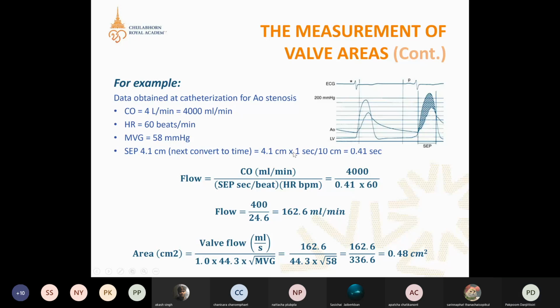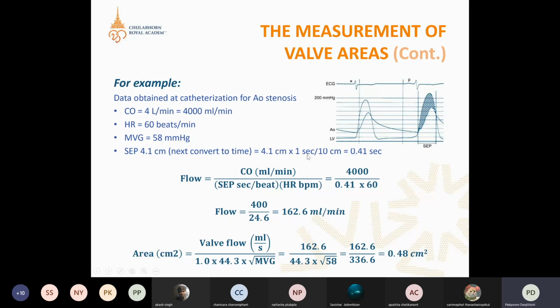and then convert to time: 4.1 multiplied by 1 second and divided by 10 centimeters. It will be converted to a value of 0.41 second. Maybe you have a question about how I can know this number, but actually you have to go to the hemodynamic screen and capture the pressure over that.